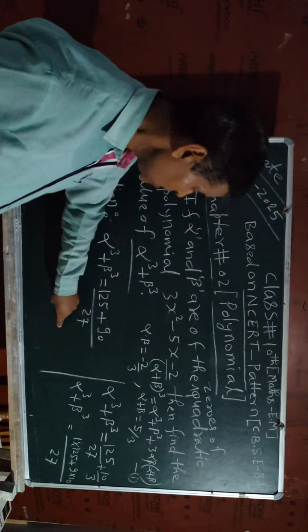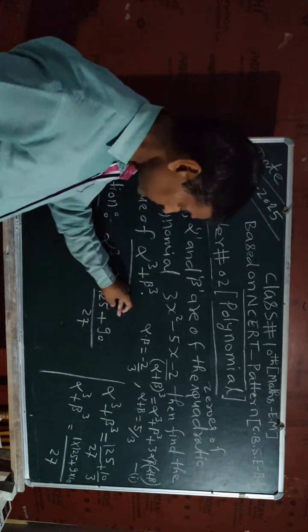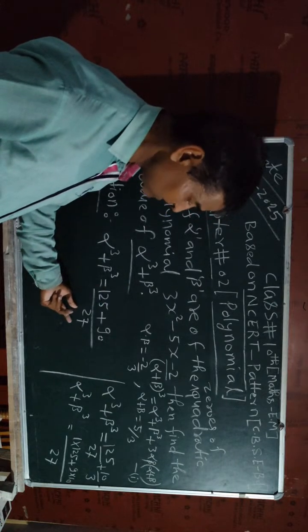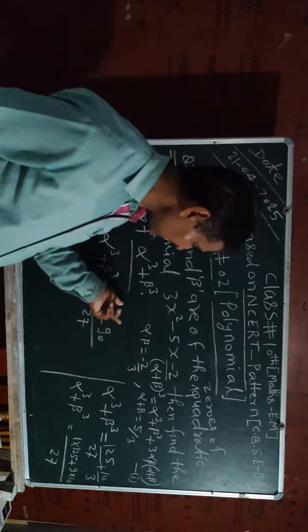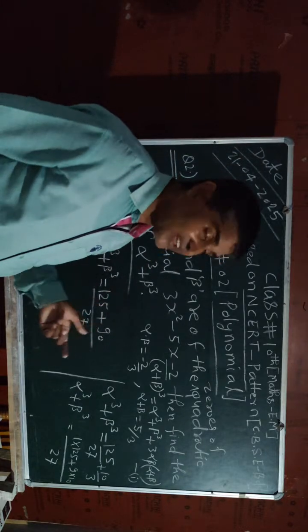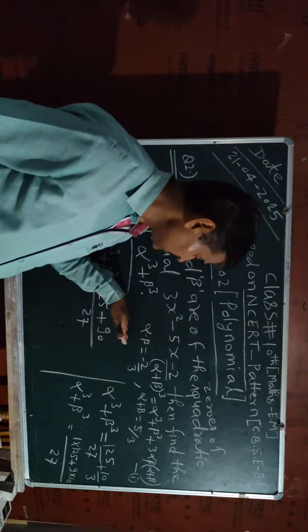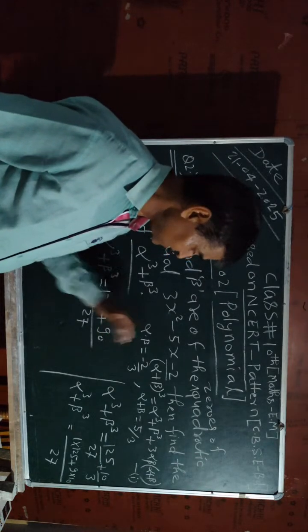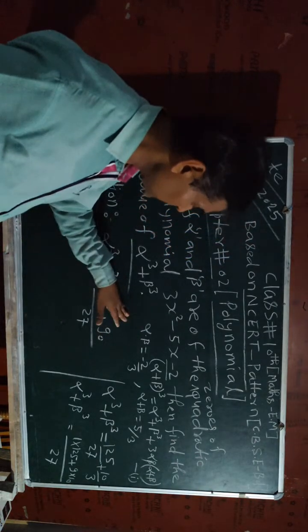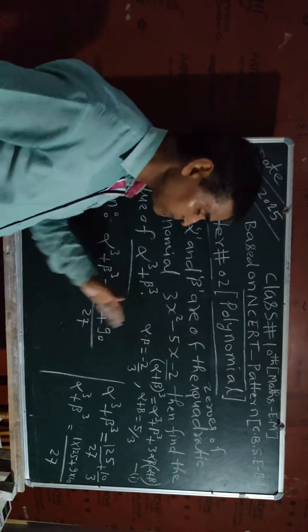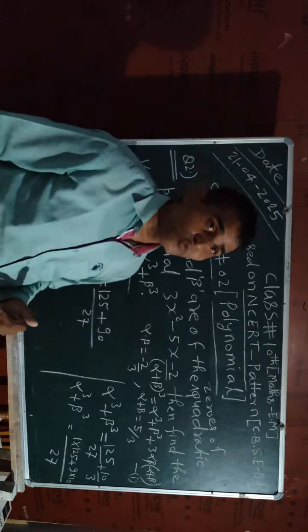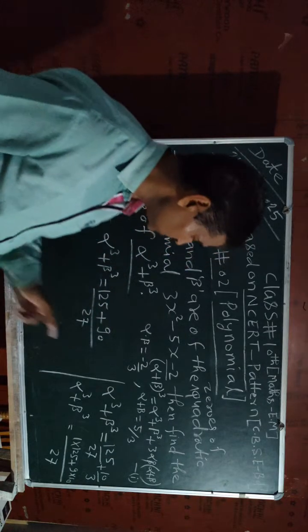Okay, student. So after adding, we will divide by 27. First of all, the student must write each digit below the digit when adding. If the student writes digit below digit, and then adds or subtracts, there will be no chance of error.